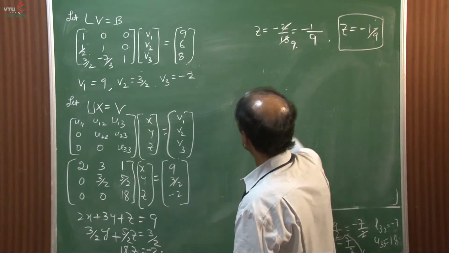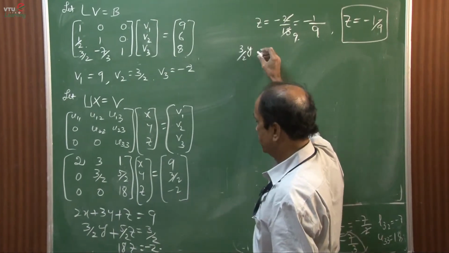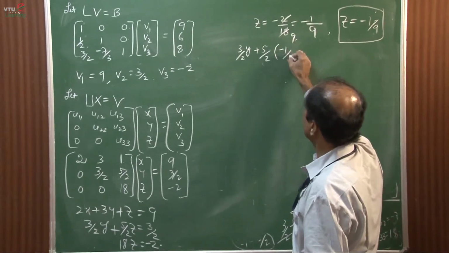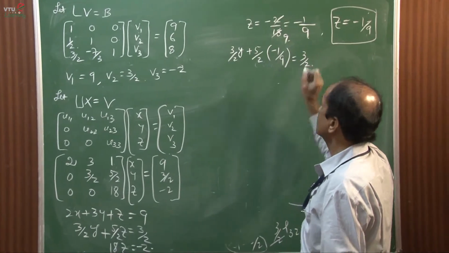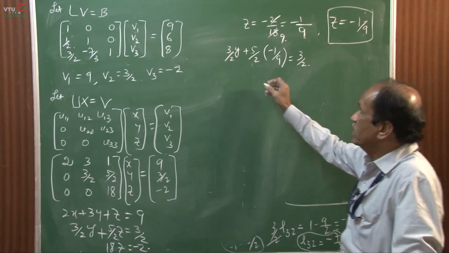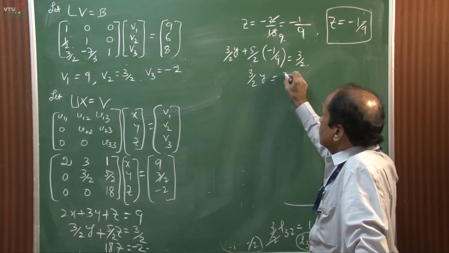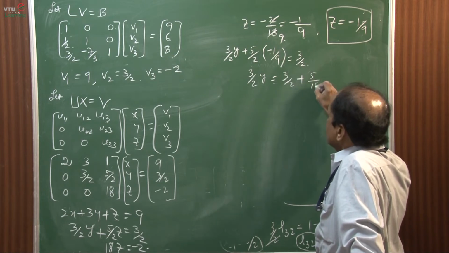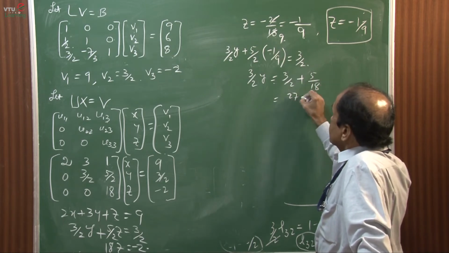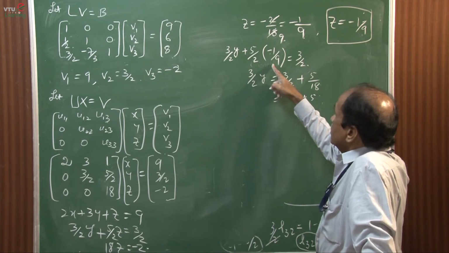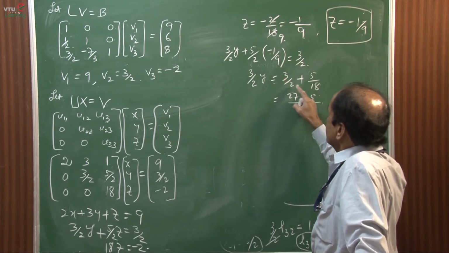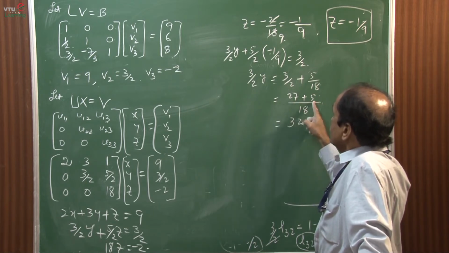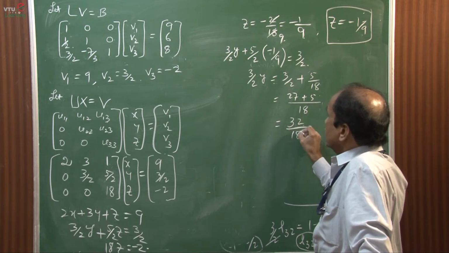Now you take the second equation, that is 3 by 2 y plus 5 by 2 into z, that is minus 1 by 9, is equal to 3 by 2. You can separate the value of y. So 3 by 2 y is equal to 3 by 2 plus, minus becomes plus sign, 5 divided by 18, that is 27 plus 5 divided by 18, which is 32 divided by 18.